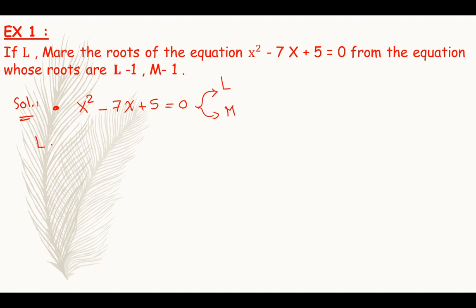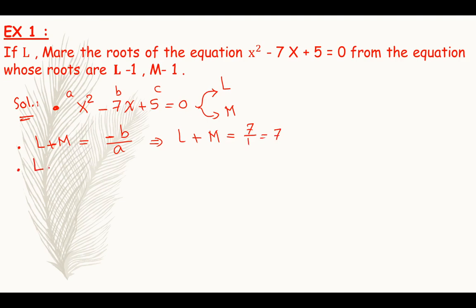We know that the sum of roots, L plus M, equals negative B over A. Here A equals 1, B equals negative 7, and C equals 5. So L plus M equals negative B over A, which is 7 over 1, which equals 7.